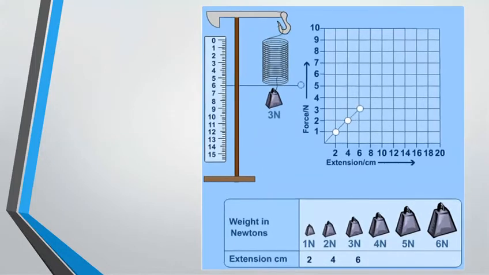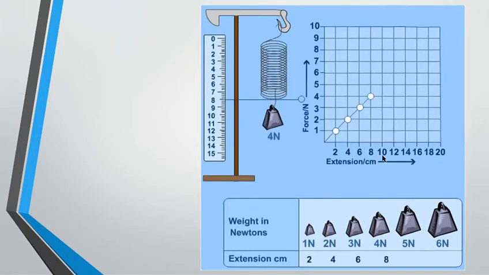By tripling the force, extension will be tripled, that is 6 centimeters. Along with all these things, the graph is there, which presents the relation between the extension and the force. When the force is increased 4 times, the extension is also 4 times.